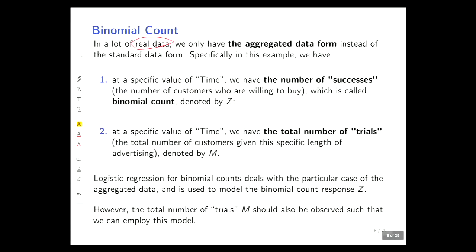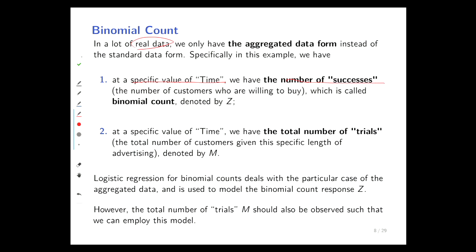So based on this new data form, we need to consider some modeling to deal with it. And what's the feature in this new data form? Firstly, at a specific value of the explanatory variable, we have the number of success. That is the number of the customers that are willing to buy the product.